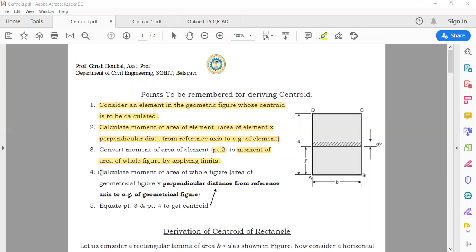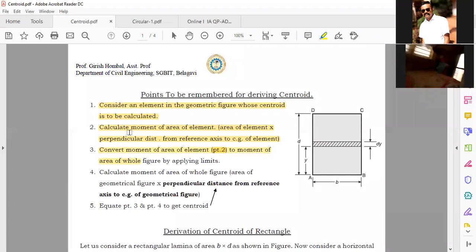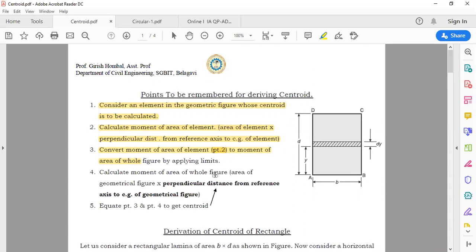So in point number 4, I have calculated moment of area of whole figure. So now I have moment of area of whole figure from point 3, which is got by extension of point 2, and moment of area of whole figure from point 4, that is direct.